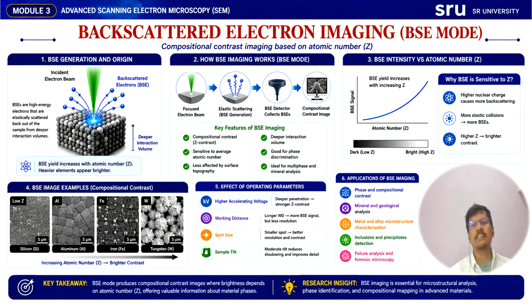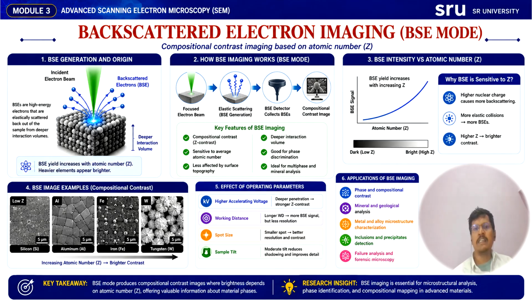Now let us discuss the backscattered electron imaging mode. Unlike secondary electron imaging mode, which primarily reveals the surface morphology, backscattered electron imaging mode provides valuable information about the material composition. Backscattered electrons are generated through the elastic scattering mode.